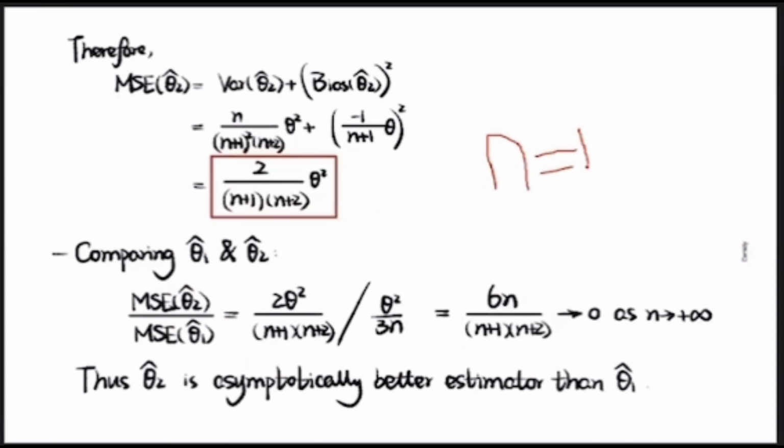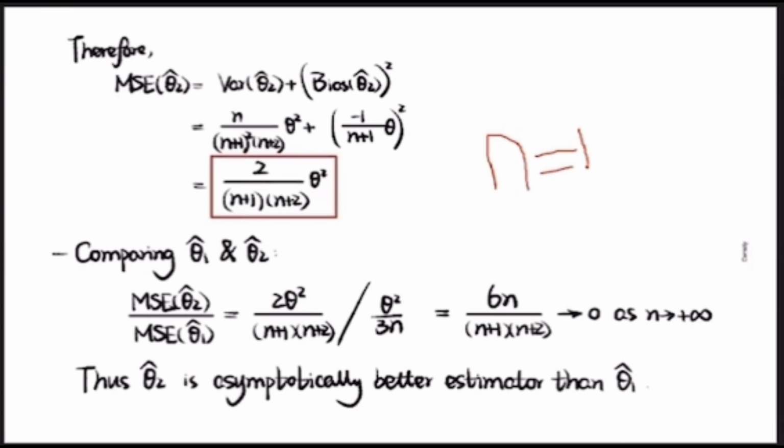Let's take a sample size of 2. 6 times 2, 12, I also get 1. Let's go to sample size 3. I want to believe from 3 and above, you will notice something.